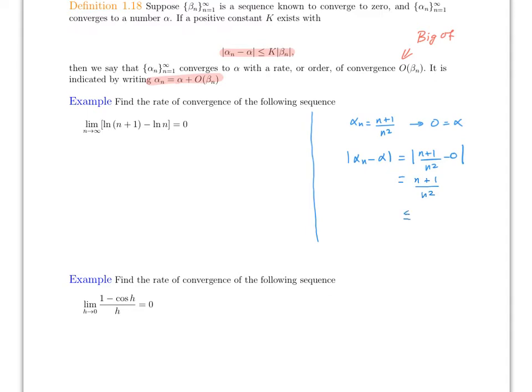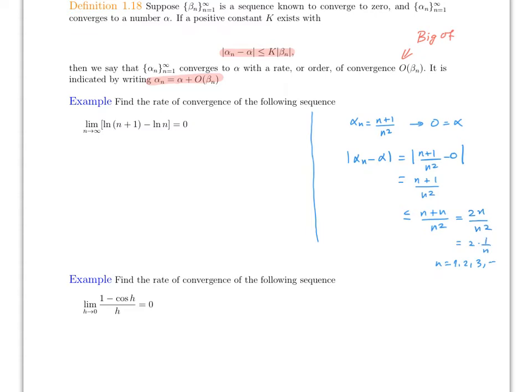Now this is less than or equal to n plus n over n squared. How do we get this n? Well, since the values for n are 1, 2, 3, and so forth, that means 1 is always less than or equal to n. So then this is equal to 2n over n squared, which is equal to just 2 times 1 over n.